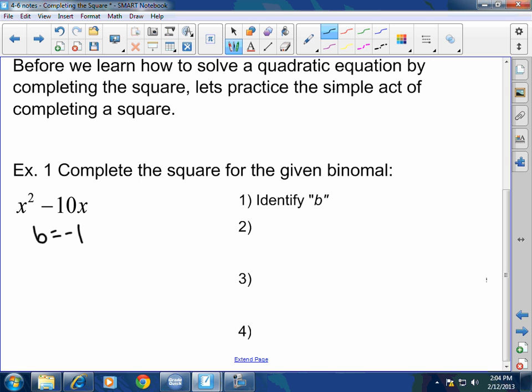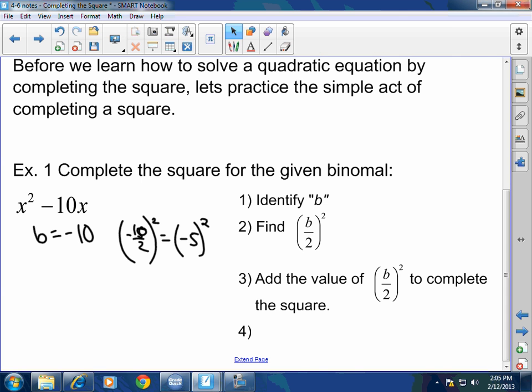It's just the negative 10. Bx is not the b, just the b. Step 2, find b over 2 squared. In parentheses, it would be negative 10 over 2 squared. So leave it like this. Do not find the actual value of it yet.